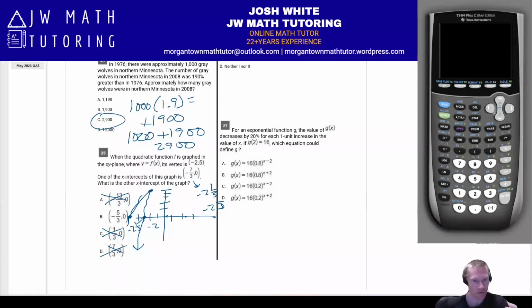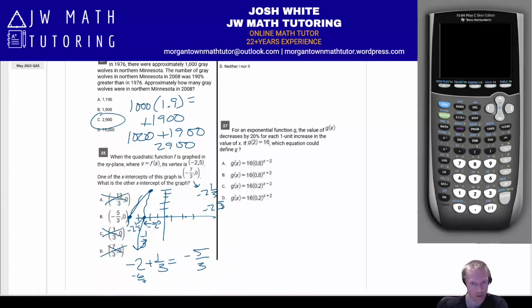But just to confirm how you get the correct answer of B, basically you start at -2, and to get to the given x-intercept, you move to the left by 1/3. So now to get to the other x-intercept, you're going to move to the right by 1/3. So you start at -2 for your x value, you move to the right by 1/3, and technically that's going to give you -5/3.